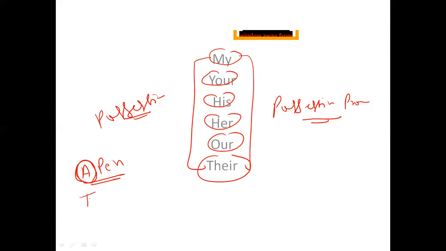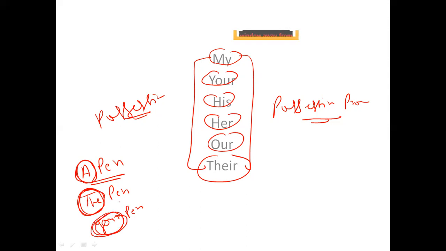If I say the pen, it is again not showing any possession. It is just specifying that this pen I want, the pen, right? And if I say your pen, now it is showing possession because I have added a possessive pronoun here, right?